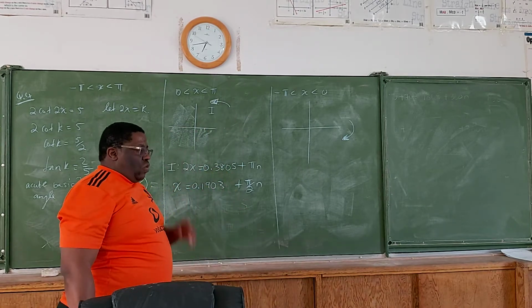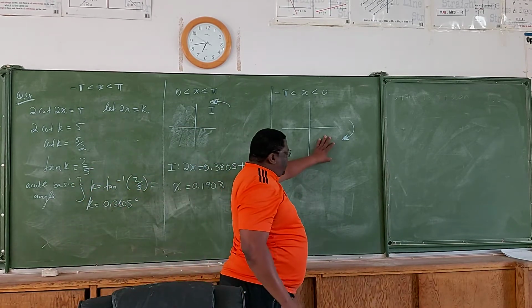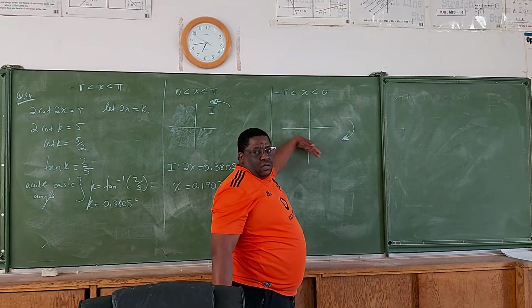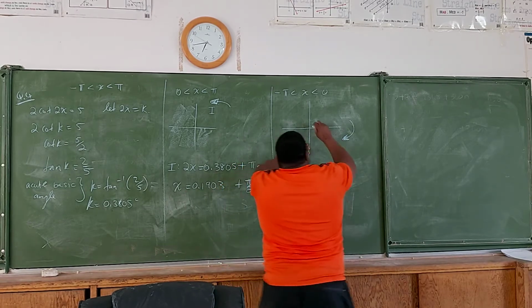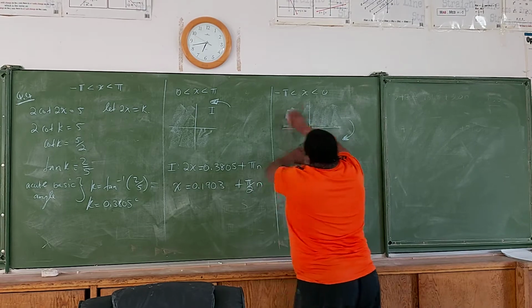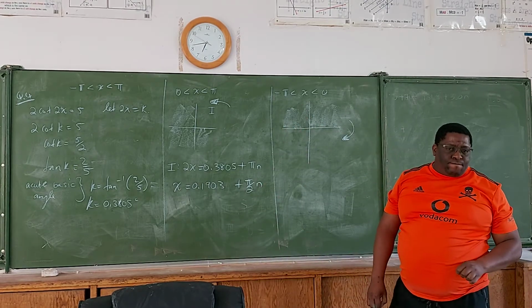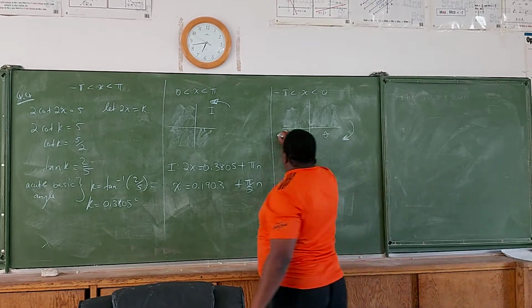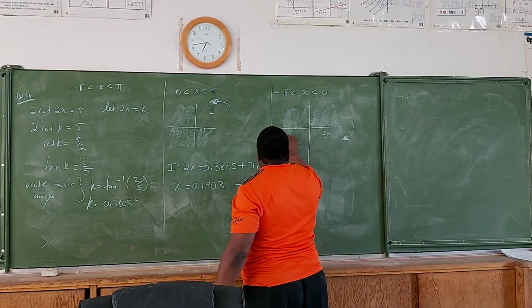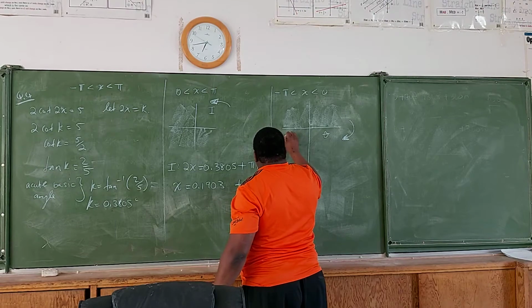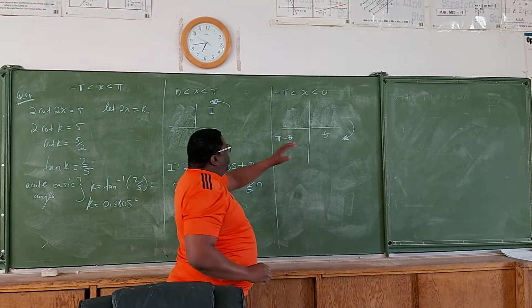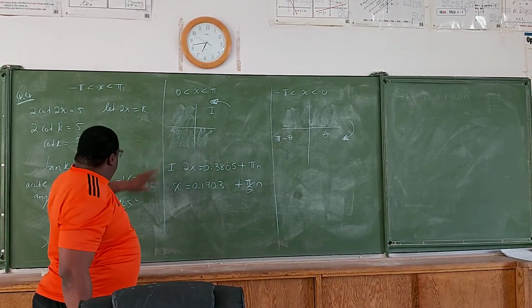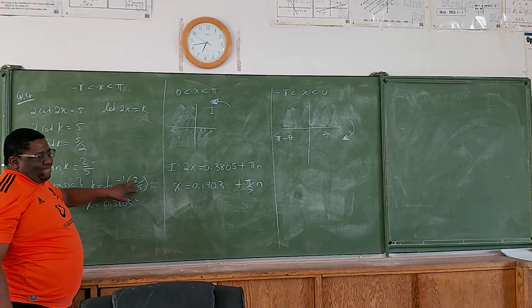So these two are considered, and this is not considered according to that specification. So this is theta, and that is pi minus theta. In which quadrant is tangent positive?